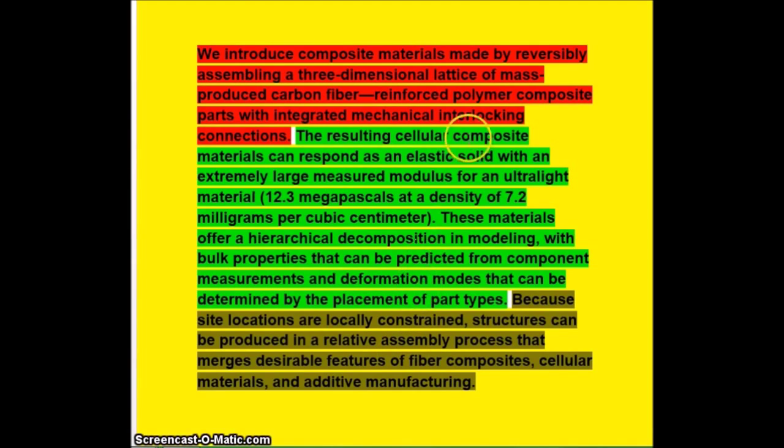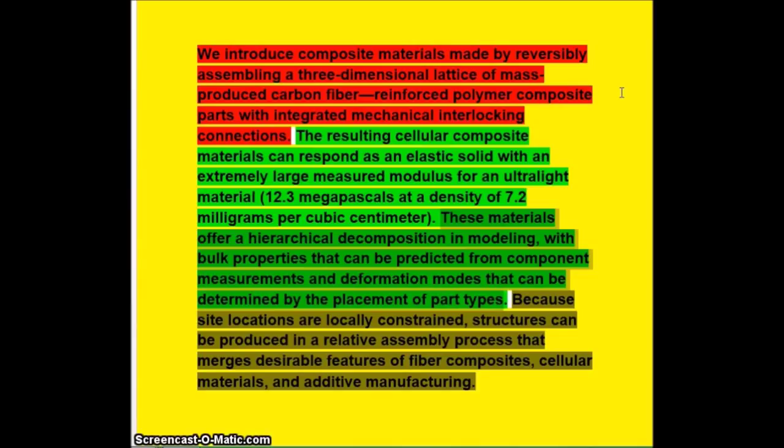And notice the third sentence, which I didn't highlight. Let me highlight it now. The third sentence, these materials offer, is kind of an evaluation sentence. So it's the author's evaluation of their own research.